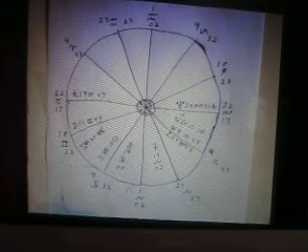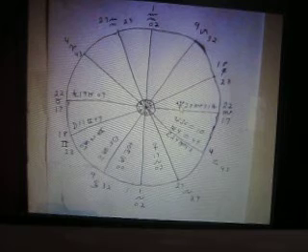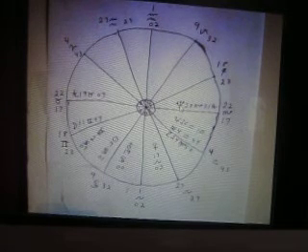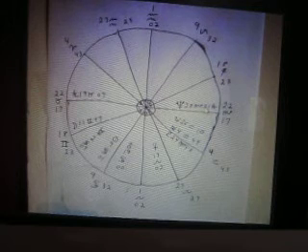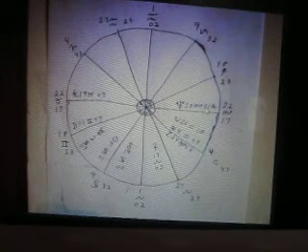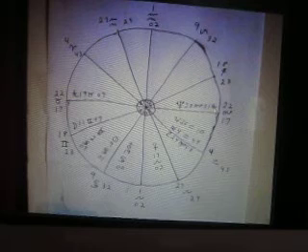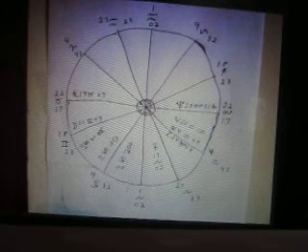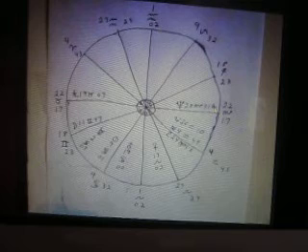Now, this is Neptune. Neptune is at 28 degrees, Scorpio, 31 minutes of arc. And it's in retrograde motion, and I'll get to that in part 2.